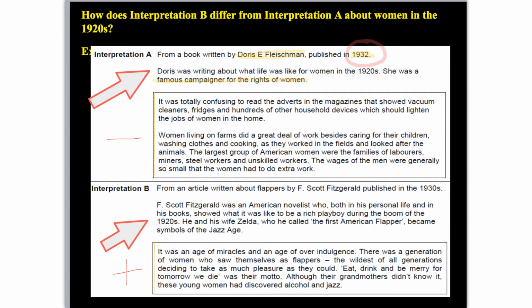So if we combine the two parts together, the idea that she has a rather negative interpretation of the 1920s for women, in terms of the fact that it was hard work, they had to make sure that they were looking after the domestic environment whilst also working because there wasn't enough income.